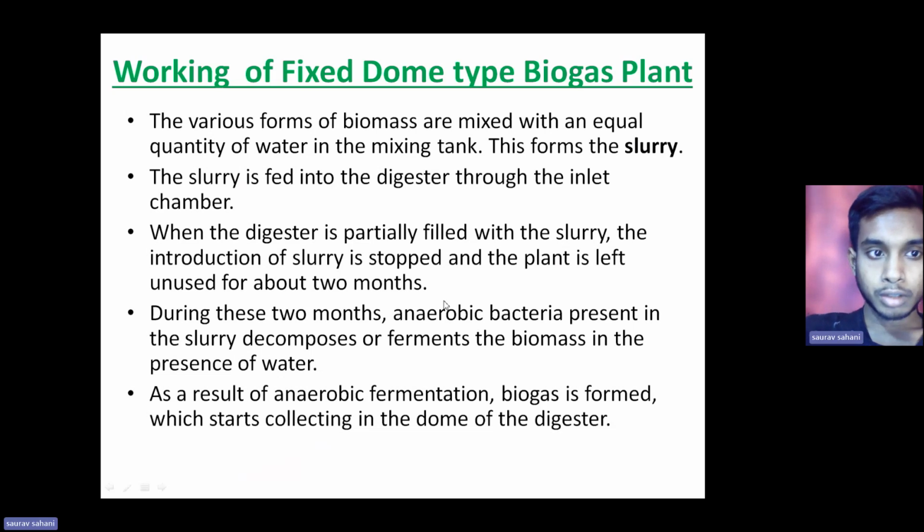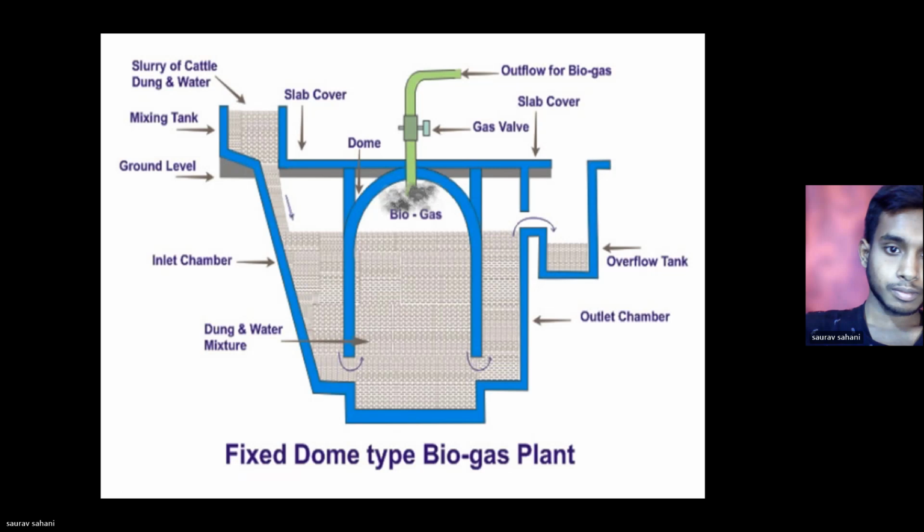Working of waste type biogas plant. The various forms of biomass are mixed with an equal quantity of water in the mixing tank. This forms the slurry. This shows the representation of fixed dome type biogas plant.